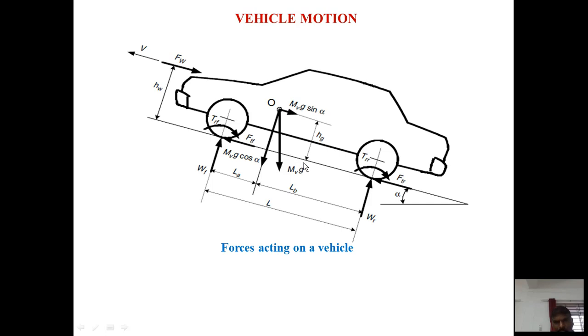Then the distance between the wheel and the center of the mass body is represented as H suffix G. The length between the center of the point and the front wheel is L suffix A. Then the distance between the center of the point and the back wheel is L suffix B. The total length of LA plus LB is represented as L. The force acting on the front wheel is represented as F suffix W, moving at a velocity of v. The height between Fw and the surface of the wheel is represented as H suffix W.